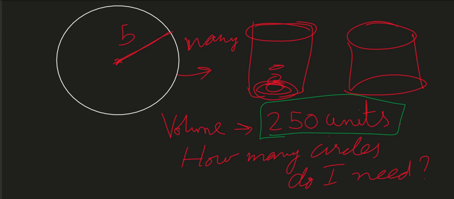Ethan, is it 4 circles? How's it 4 circles? You said the volume is 250 units, and volume is pi r squared times height.